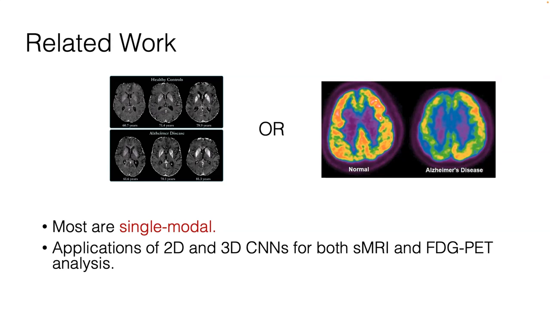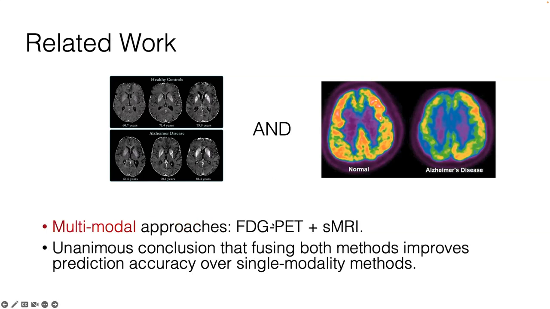That remains within 3D CNNs recently, as well as 2D CNNs that have been used with MRIs. More importantly, some other related work is the multimodal approach, combining the MRIs and the PET scans.